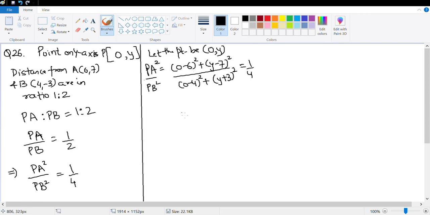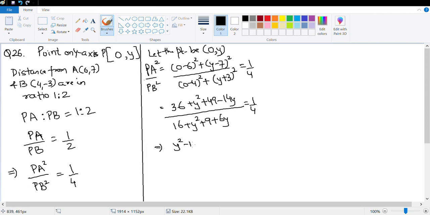Let's open this bracket. So this will be 6 square, which is 36, plus y square plus 49 minus 14y, upon 16 plus y square plus 9 plus 6y, this is equal to 1/4. So y square minus 14y plus 85 upon y square plus 6y plus 25 is equal to 1/4.